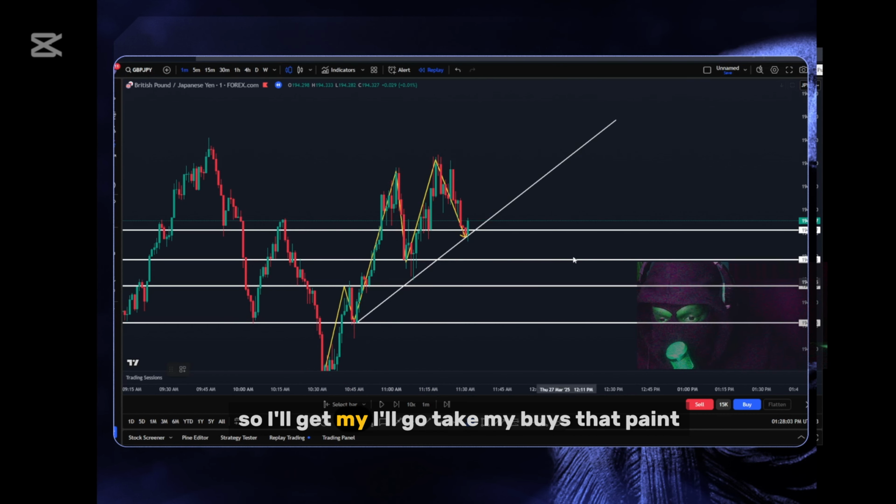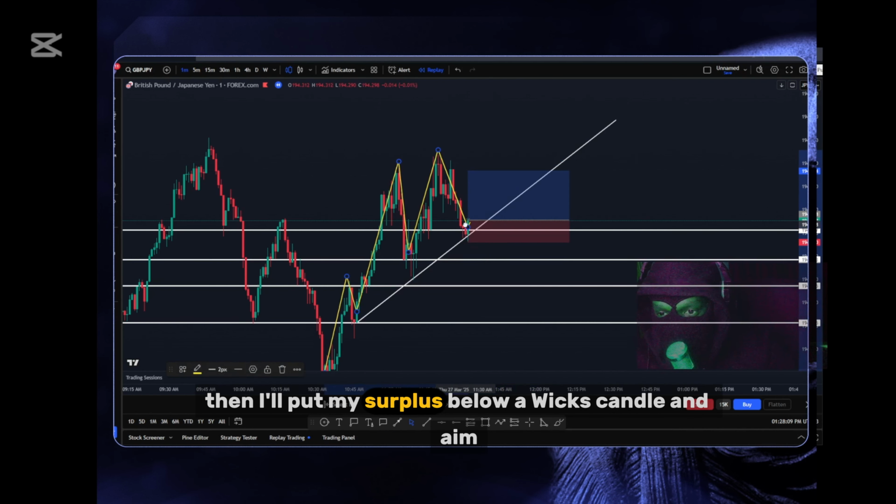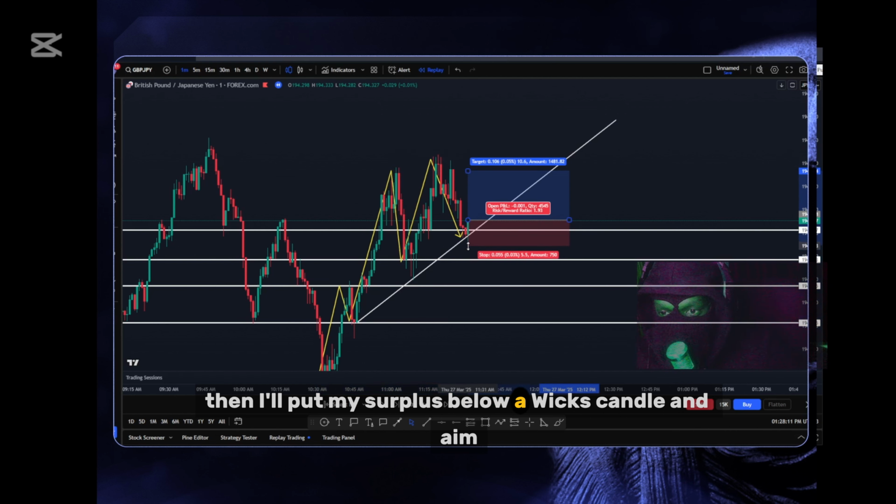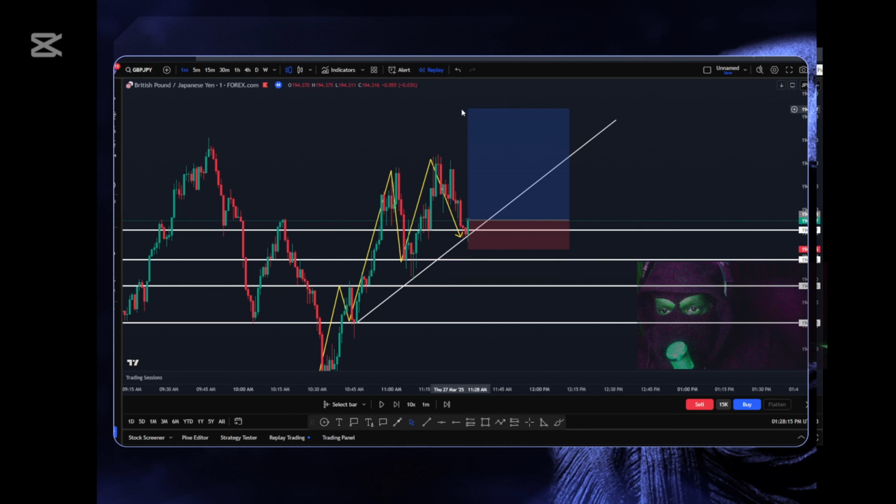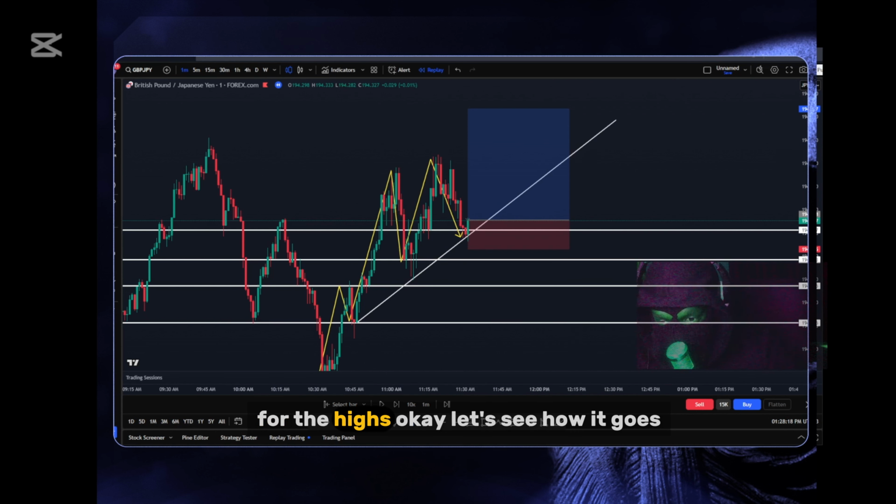So I'll go take my buys at this point, then I'll put my stop loss below the wick's candle, then aim for the highs. Okay, let's see how it goes.